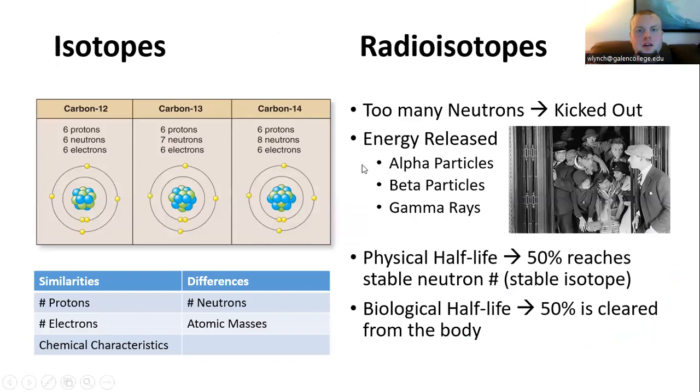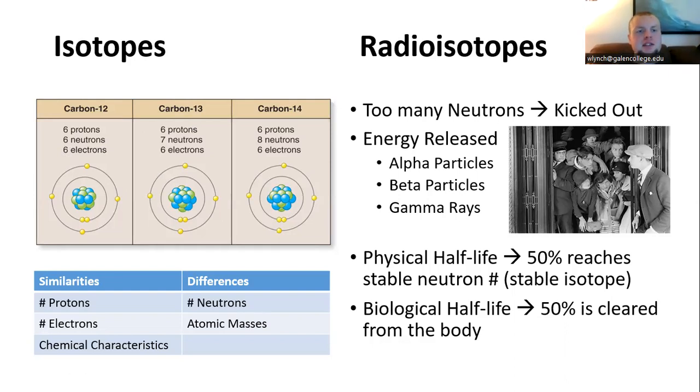So, when we change the chemical formula of an atom, we form a couple of different things. In order to form an isotope, we have to change the amount of neutrons that are present. So usually the amount of neutrons is going to be equal to that of the amount of protons and electrons. Here in the case of carbon, we have 6 neutrons, 6 protons, and 6 electrons.